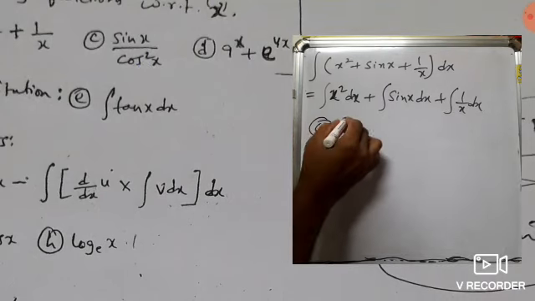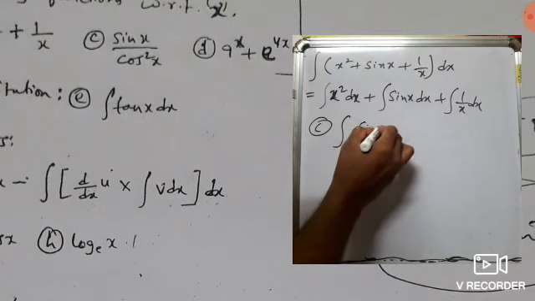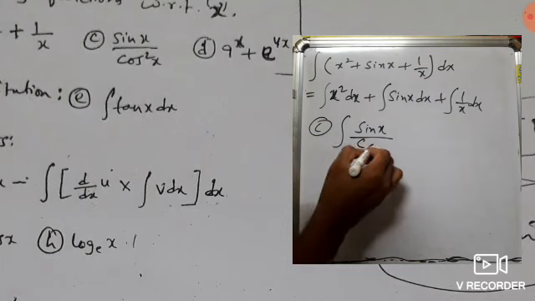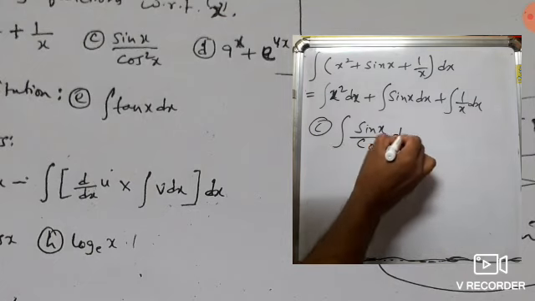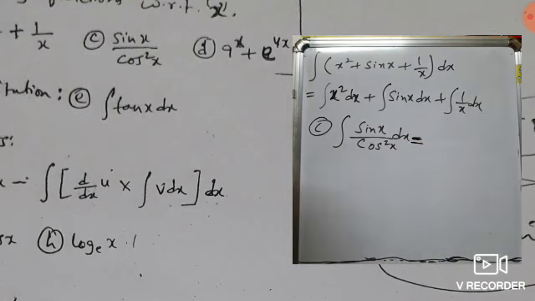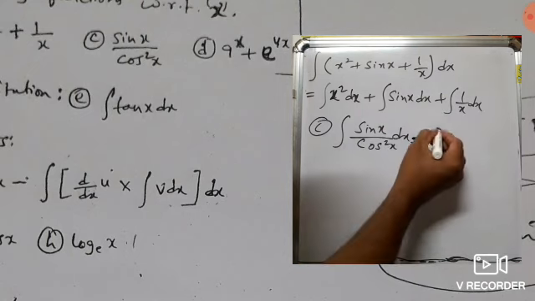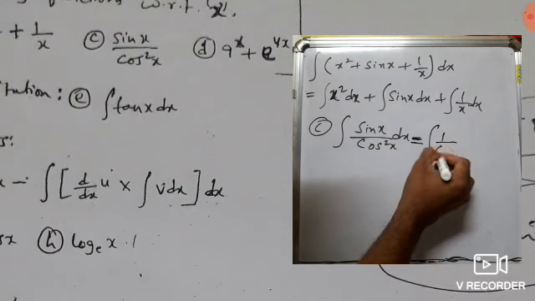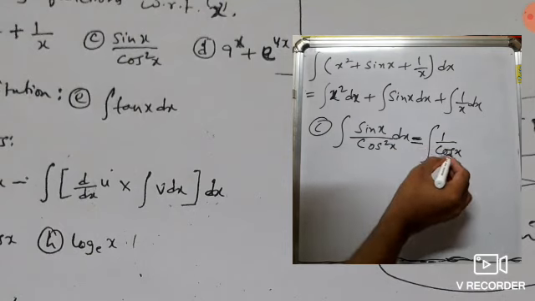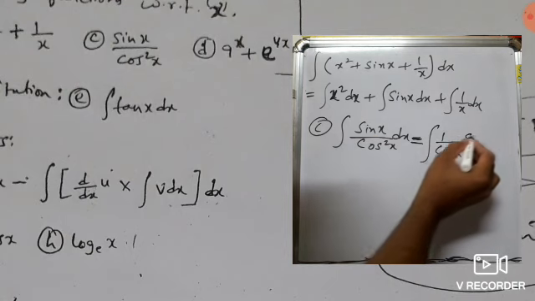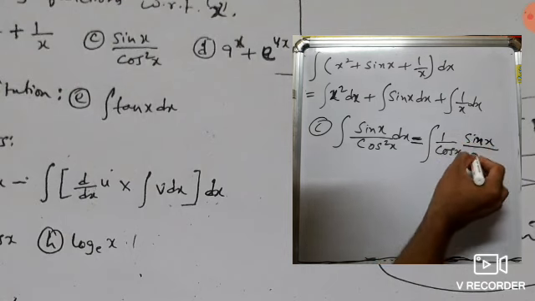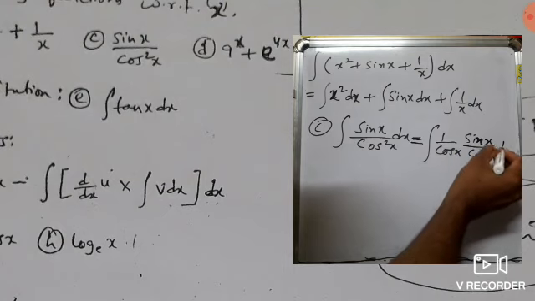Question number c is the integration of sin x by cos square x dx. We can break this term into two pieces. Cos square x can be broken into 1 by cos x, and the second term is sin x by cos x dx.